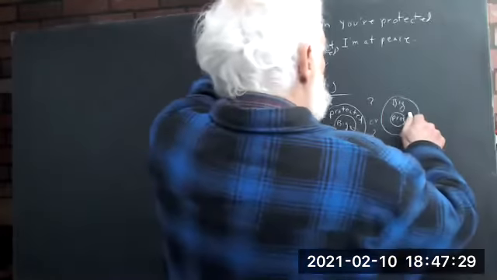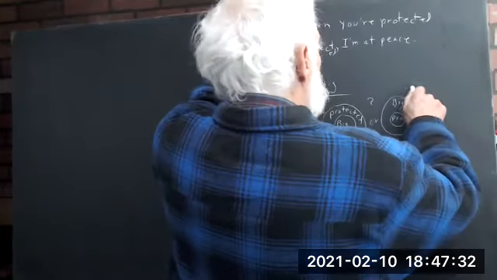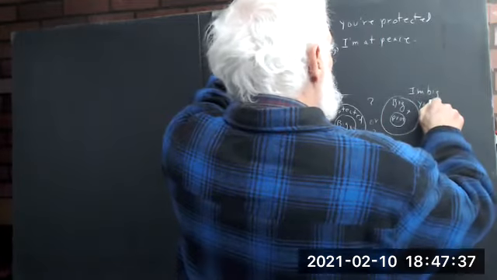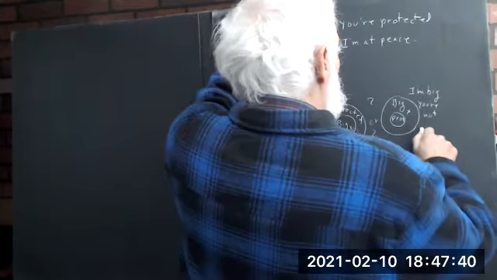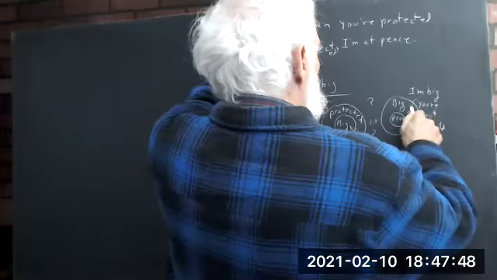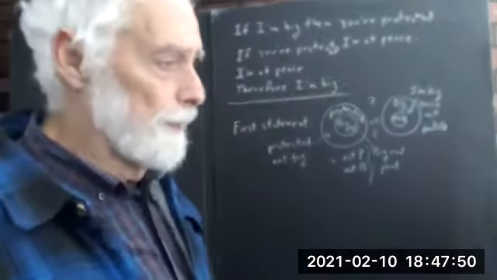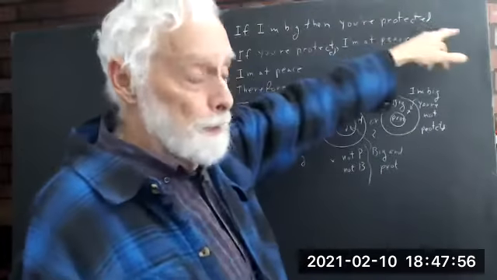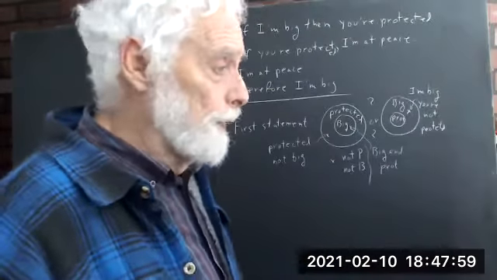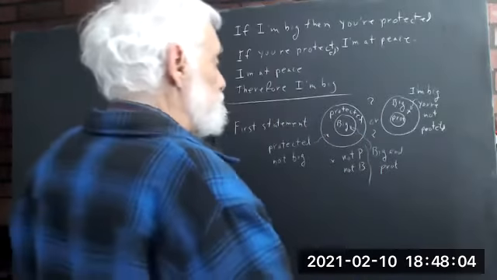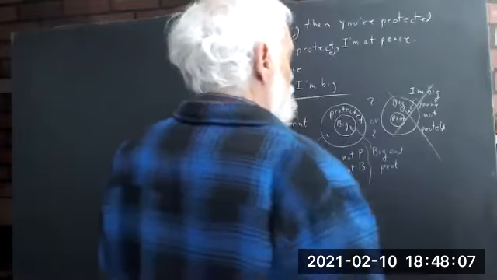Okay, right here, mess that up, but you know what that word's going to be. That's a possibility. And that contradicts this. I'm big, that's true. You're protected, that's false. Okay. So we don't have to look any further. This one doesn't work.